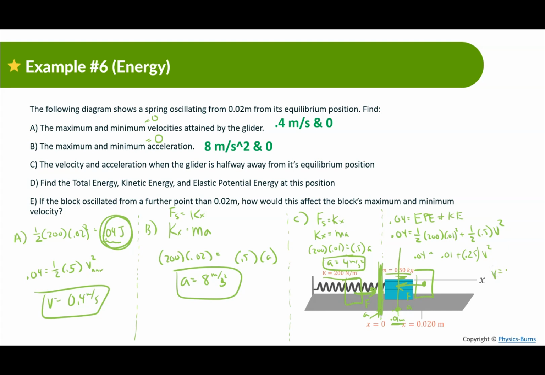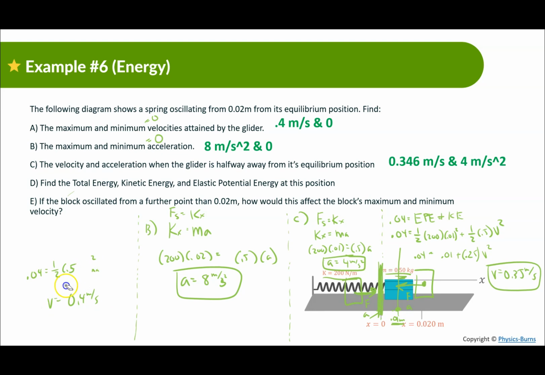So 0.04 minus 0.01, divided by 0.25, and then the square root of that gives us 0.35 meters per second. Ooh, that was a lot. All right, so that's what we got. All right, let's keep going here. I'm going to erase this part here.